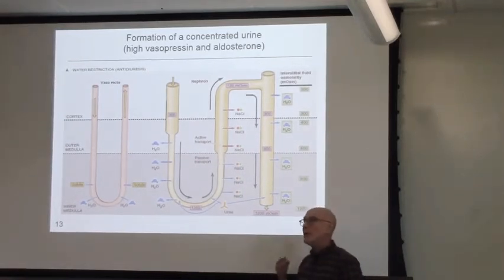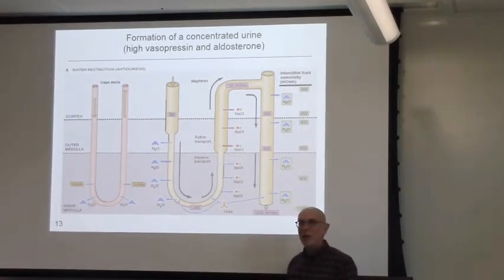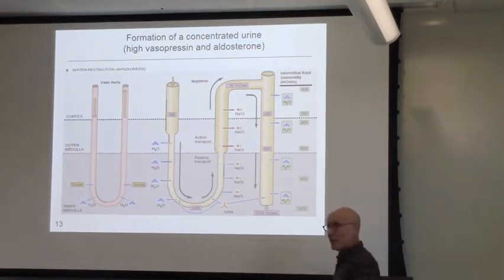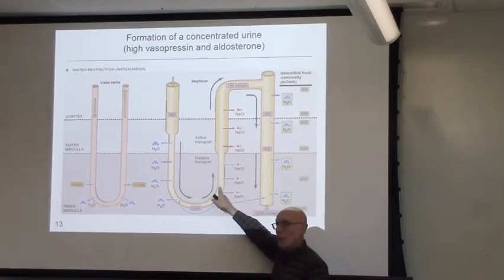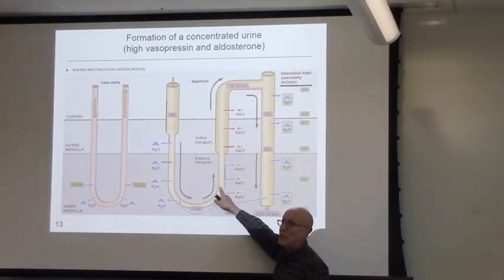The hormone that does that is called aldosterone. So vasopressin does this by the Gs story, and aldosterone does this by an intracellular receptor story.